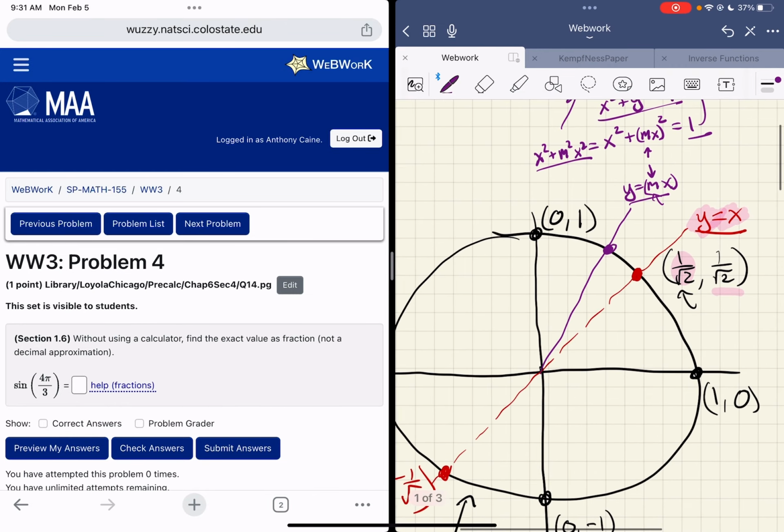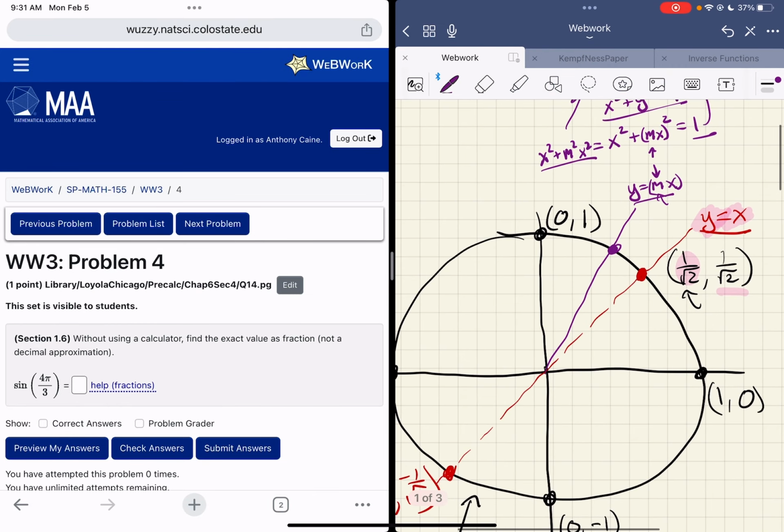So how does this help me figure out, if I have 4 pi over 3, right? And I want the sine value of that. All right, so now what can we do? Well, 4 pi over 3, okay, pi is 180 degrees. So this distance would be 1 pi, also known as 3 pi over 3.